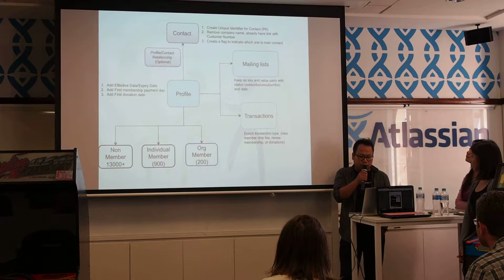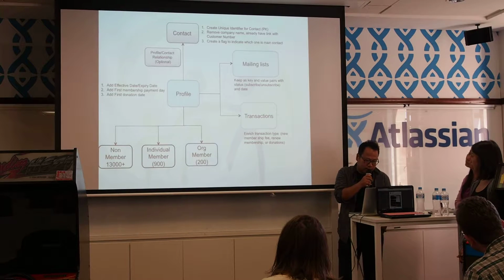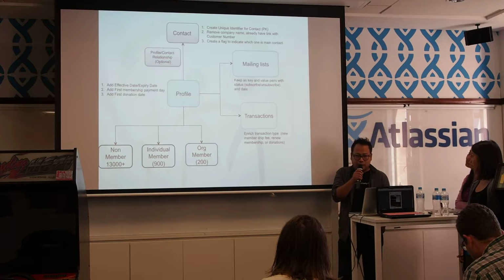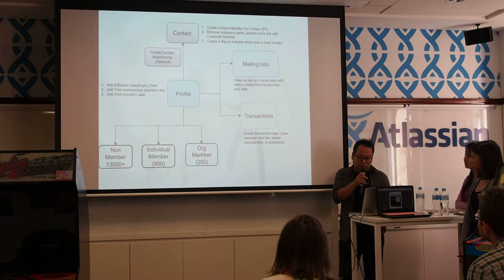So we need to create another associated entity, a profile-contact relationship table. If you have that kind of business requirement, you need to create a separate table, and the main flag will be moved to the associated table. That's pretty much the major change.